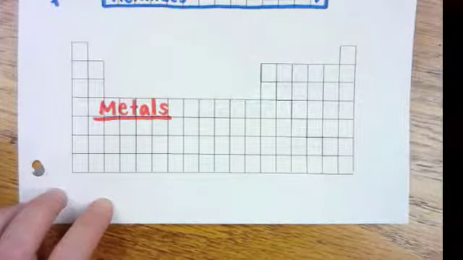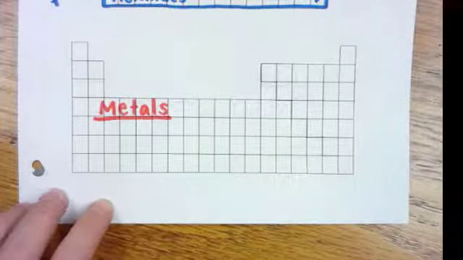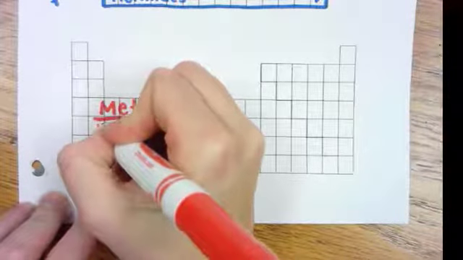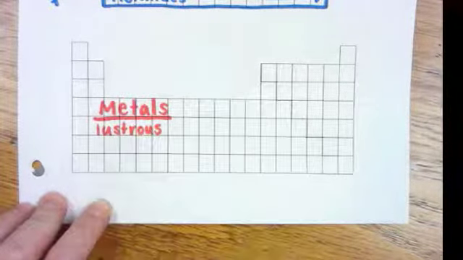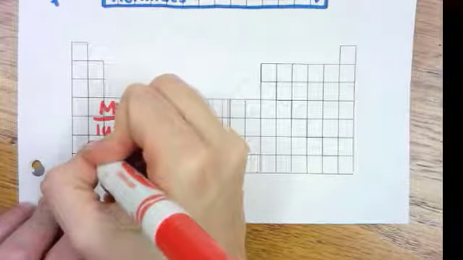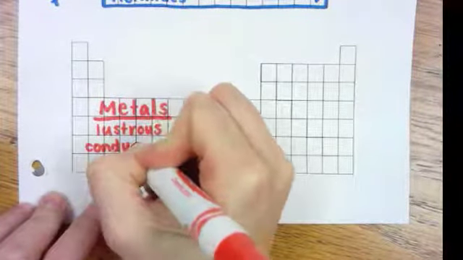Let's also list some of the properties of these types of elements. Metals are lustrous, which means they're shiny. They're good conductors of heat and electricity.